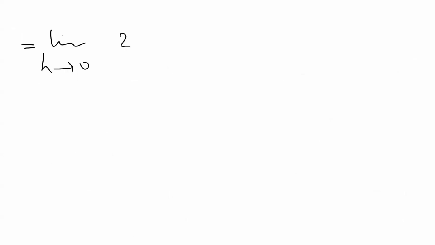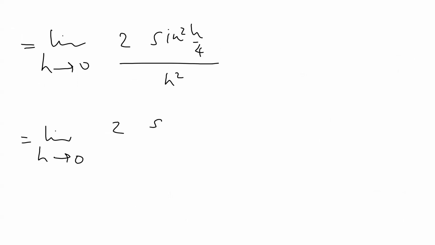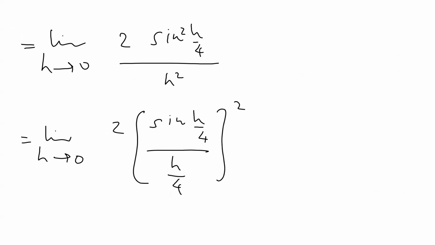Limit h approaching 0, 2 sine square h by 4 upon h square. Limit h approaching 0, 2 sine h by 4 upon h the whole square. So divide by 4, multiply by 4. Now this part becomes 1.